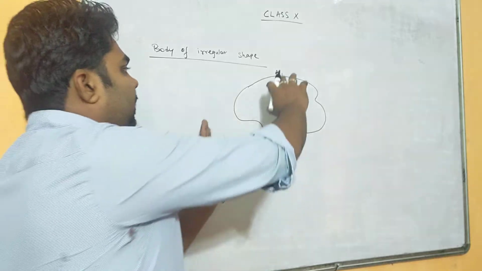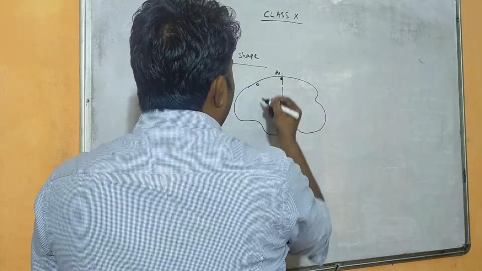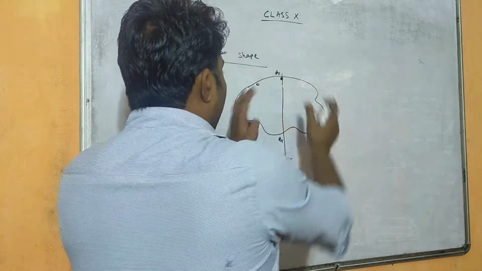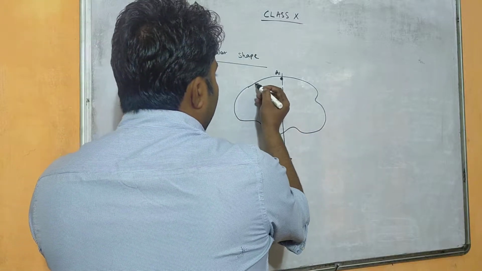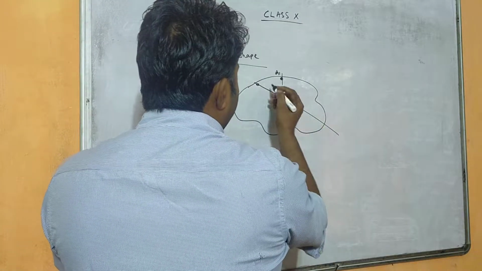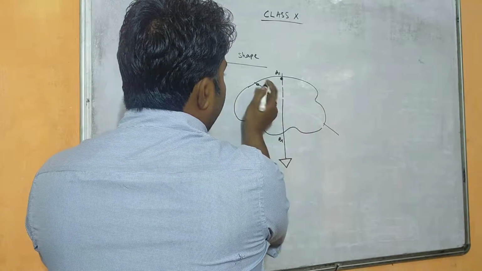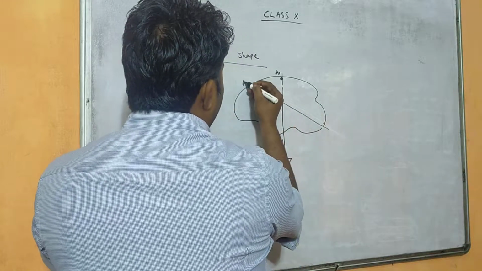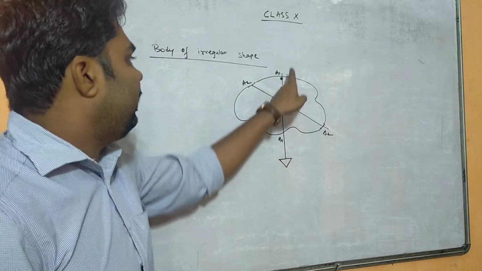Now similarly we will turn this body and make another hole here, rotate it, and again pass the string here. When it is suspended here, let us consider this to be A2 and B2. So first we suspend at A1 and B1.